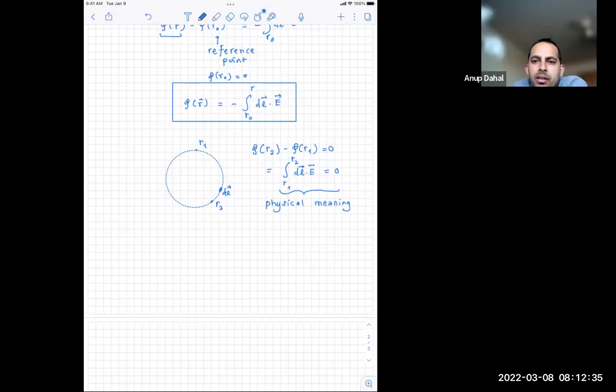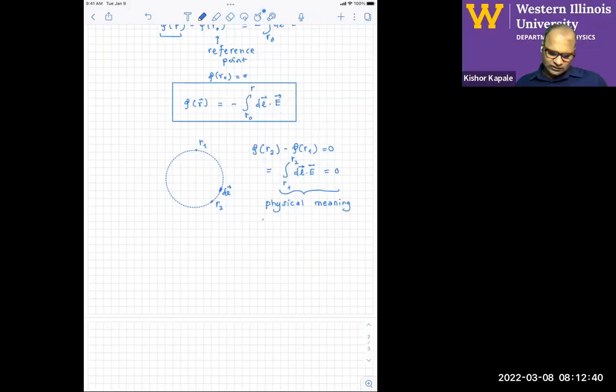dl and electric field E are perpendicular to each other. Okay, so that's one possibility. E is perpendicular to dl. Any other thoughts? Anybody else?